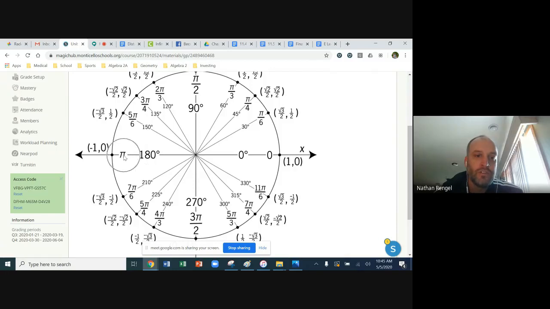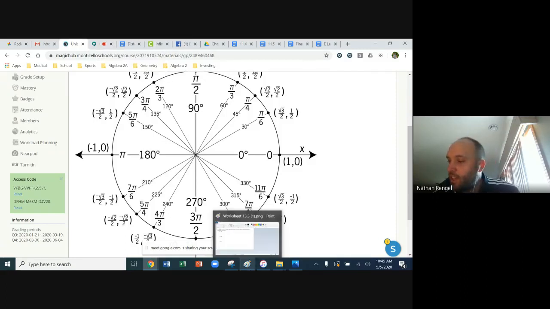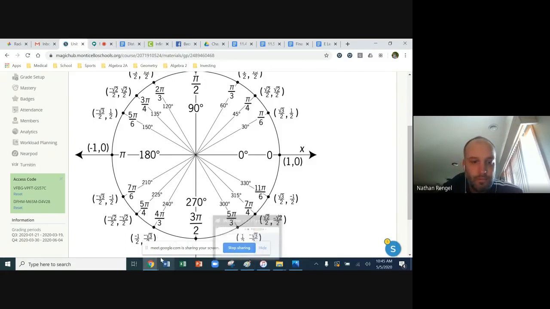So there's a conversion rate. So pi radians equals 180 degrees. So it's similar to 12 inches equals 1 foot. We can use that conversion to convert between different units. And we're going to use a process called dimension analysis to do this.